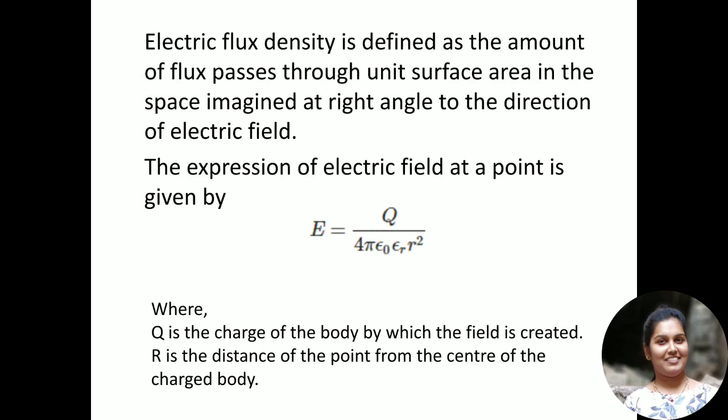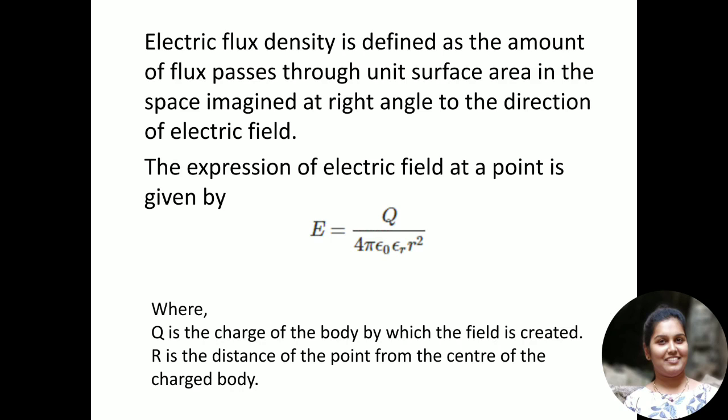The expression of electric field at a point is given by E, which is equal to Q by 4 pi epsilon naught epsilon r into r square, where Q is the charge of the body by which the field is created and r is the distance of the point from the center of the charged body.